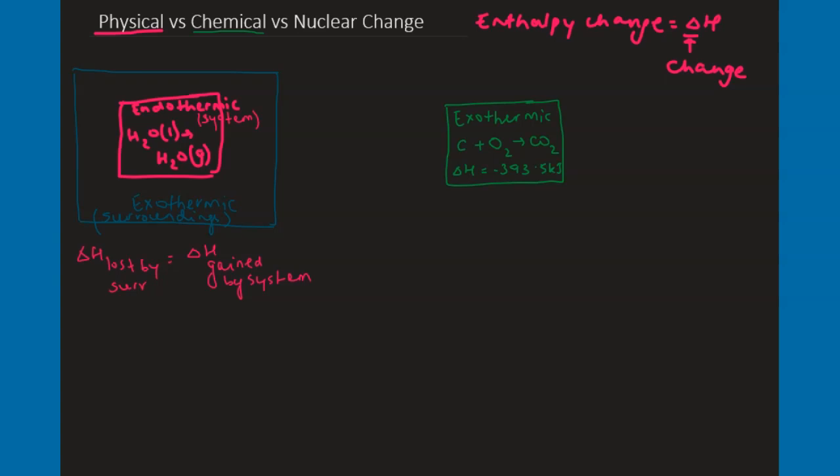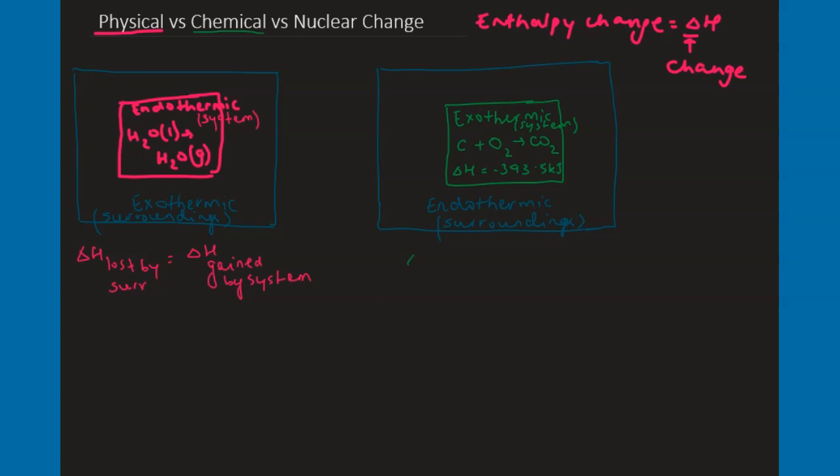Now, since this one is losing heat, somebody is gaining heat. And the one who is going to gain heat is the surroundings. These are the surroundings around this chemical reaction system. In this particular case, your surroundings are endothermic. So we have endothermic surroundings and an exothermic system. From here, always remember, heat energy never disobeys the law of thermodynamics, and the law of thermodynamics says that the amount of energy lost and the amount of energy gained is always equal.